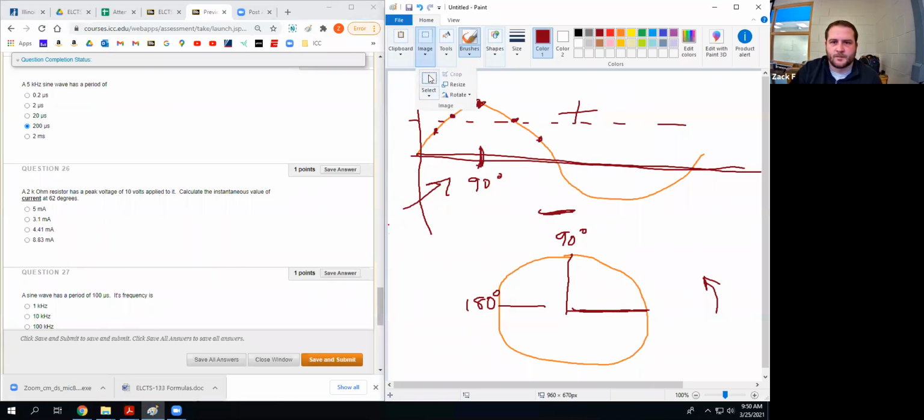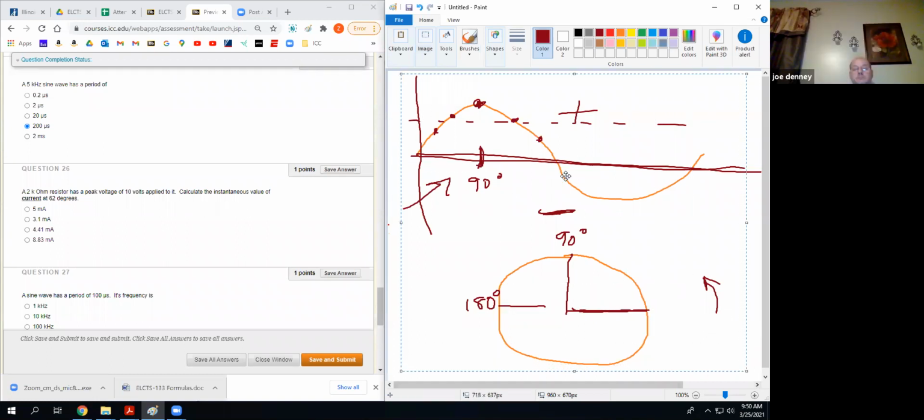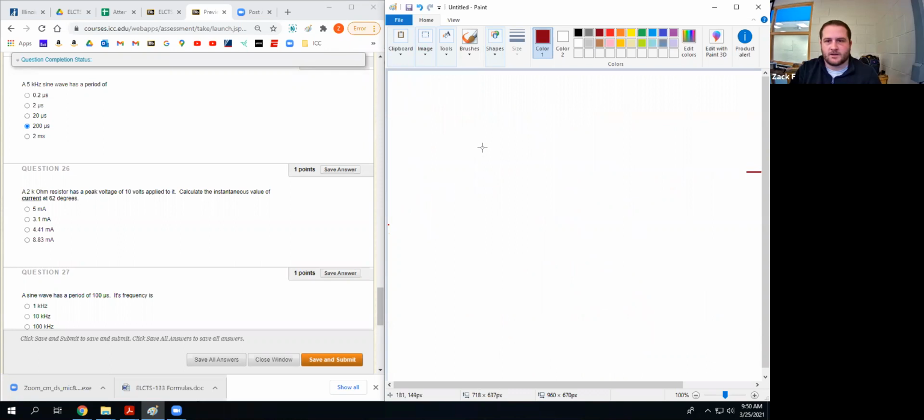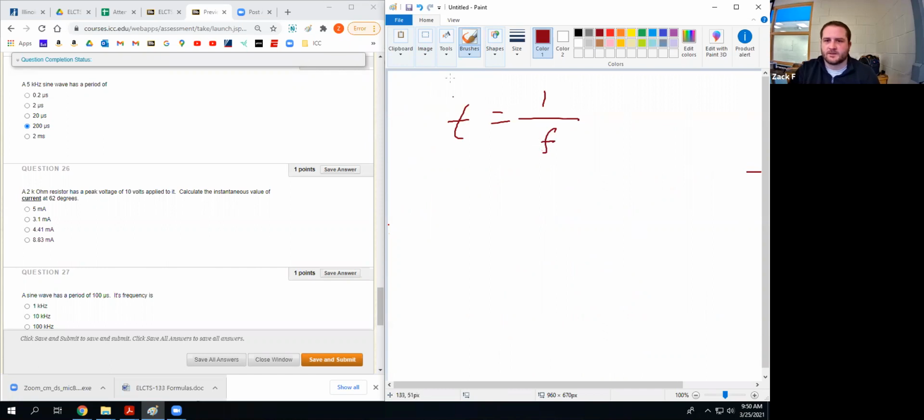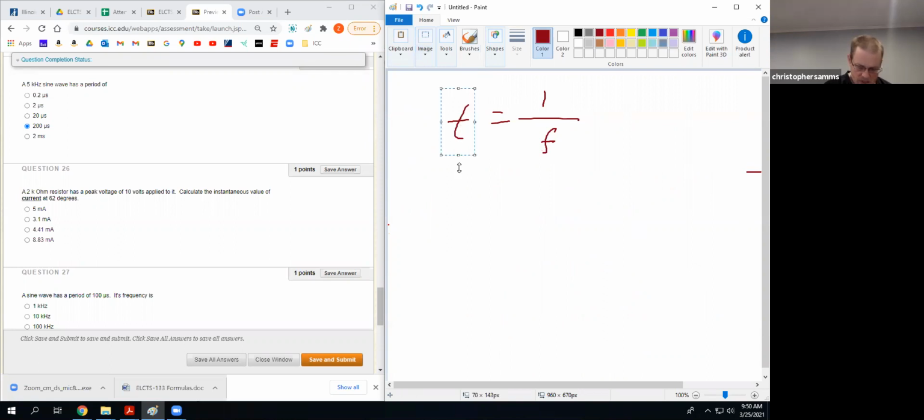Since that is not on your formula sheet, I would write that in there somewhere, unless you can remember it. T, which is period, equals 1 over the frequency. It looks like lambda, doesn't it? Greek letter lambda.